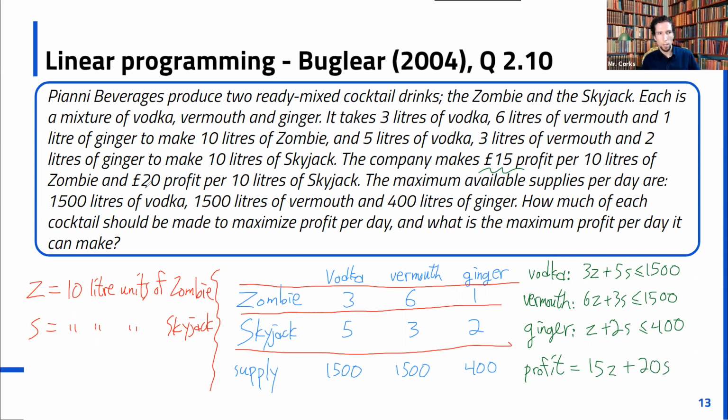They make 20 pounds of profit for each unit of S here. So now it's set up. Now we know that we have everything right, because the same two variables, Z and S, can be used to talk about all three constraints and about the objective function. That is what lets us combine all this onto one graph and use this whole linear programming method.